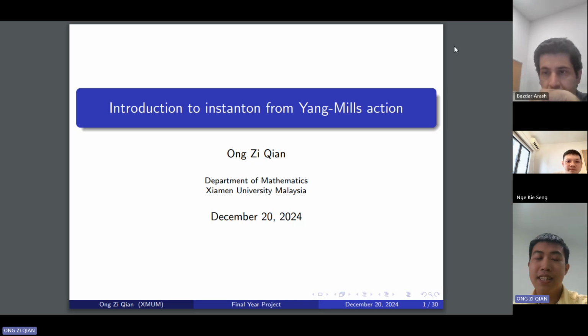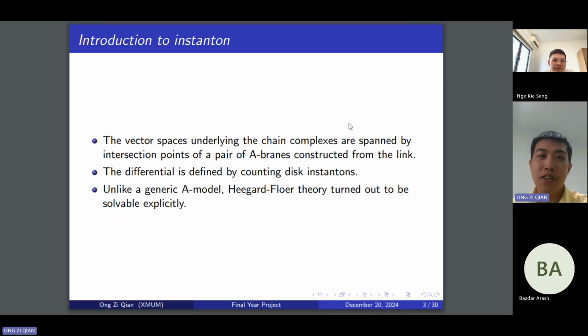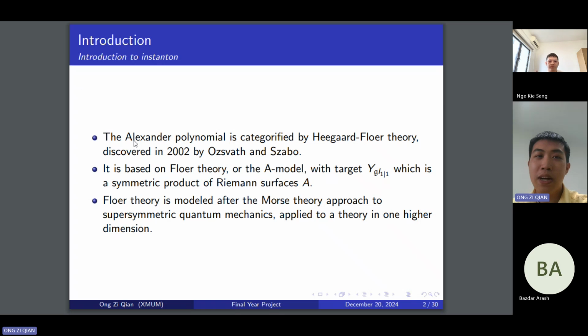Yes. So I will talk about what an instanton is, and why I chose to do it. For my topic, I read a paper and found out that the polynomial is categorified by Floer theory.